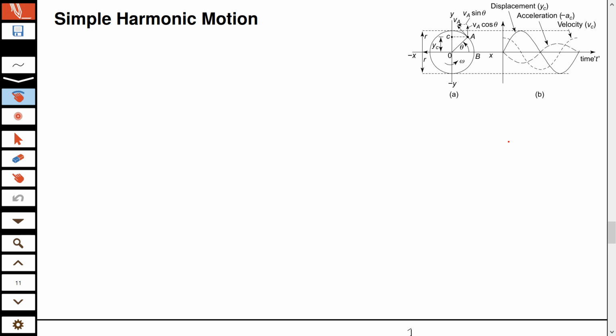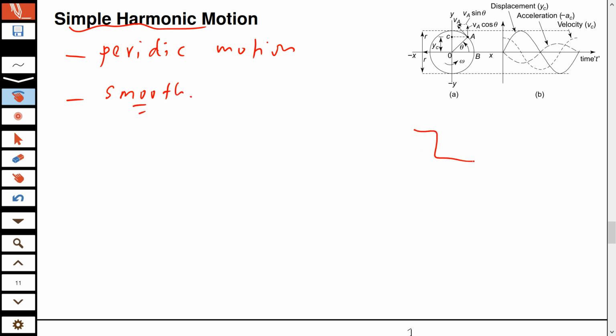You must have seen this in calculus, so one thing is clear, that we are looking for simplicity and periodicity. So, periodic motion, okay, and by simple we mean smooth. So look, why is this not simple? Because it is not smooth. Similarly, this is also not smooth, okay.